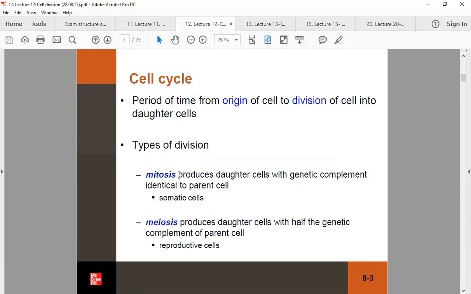So somatic cells undergo mitosis, but reproductive cells, remember cells that will give rise to gametes, undergo meiosis. Okay, excellent. That's two differences. What about the number of cells, the number of daughter cells that are produced?